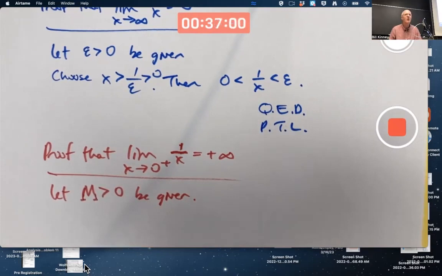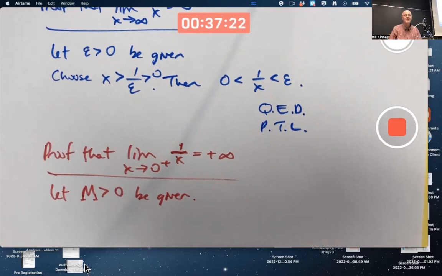Not always, just in this context. People imagine epsilon to be tiny and capital M to be large, humongous maybe, a googol or a googolplex or something. Capital M is going to represent my arbitrarily high possible horizontal line that I need to get above.